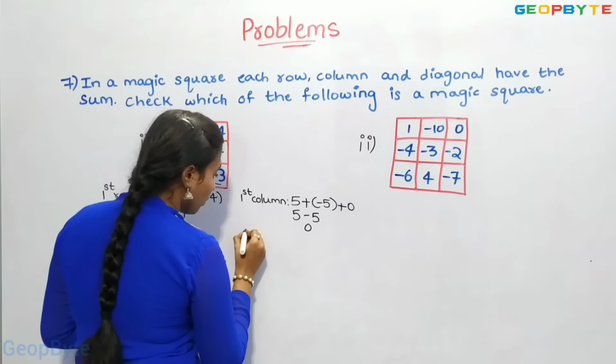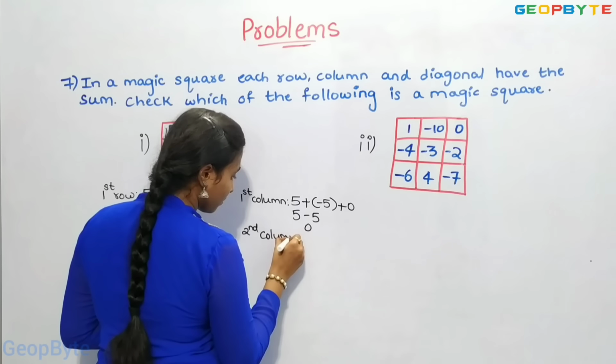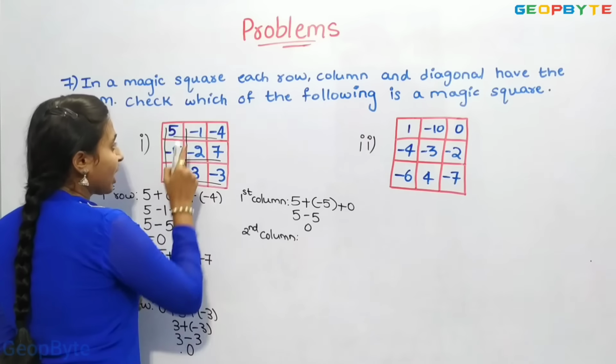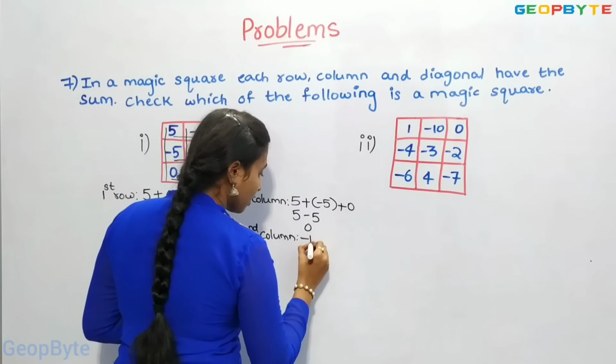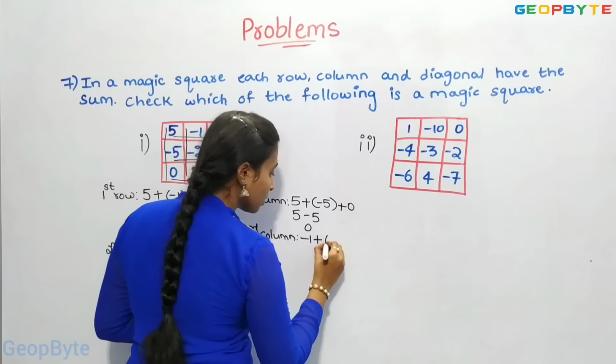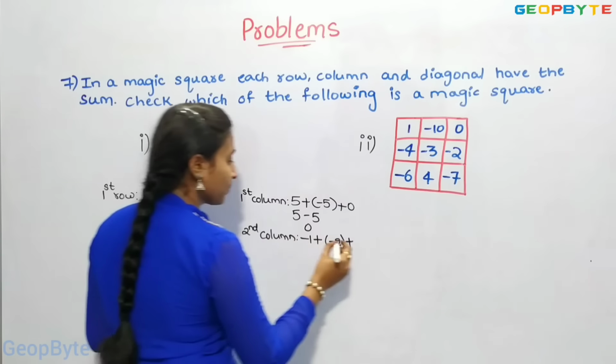Now, let us go with second column. Second column, we have minus 1 plus minus 2 plus 3.